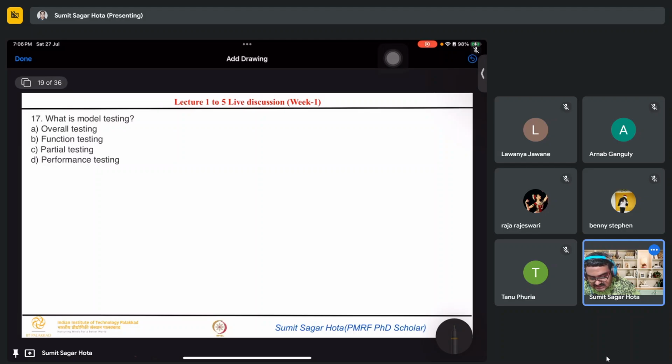All this analysis we can do, and accordingly we can redesign the aircraft, and finally we will do the practical implementation.